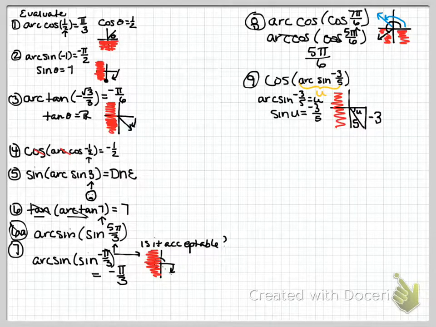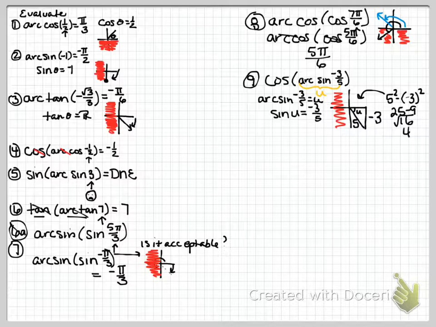And so 5 squared minus negative 3 squared is going to give me this side squared. So 25 minus 9 is 16. The square root of 16 is 4. So this side is 4.